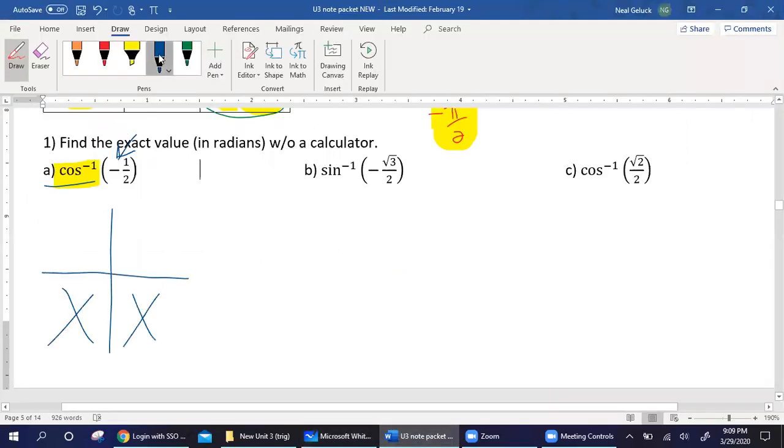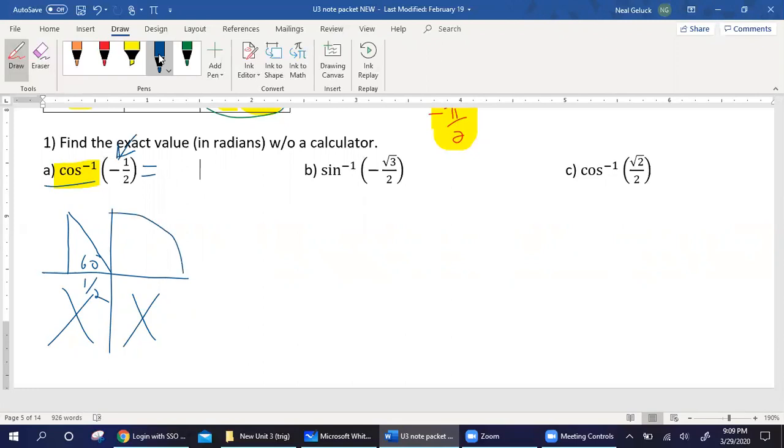Since it's negative, and cosine is negative in the second quadrant, I'm going to have a 60-degree reference angle such that the adjacent is 1/2, but negative. And then the final answer is what this angle actually is. That angle is 1/6, 2/6, 3/6, 4/6, 4π/6, which reduces to 2π/3.